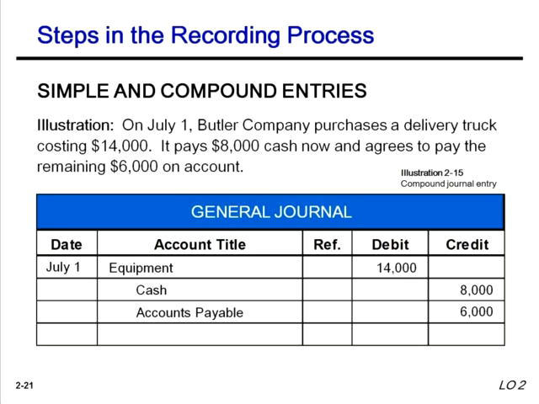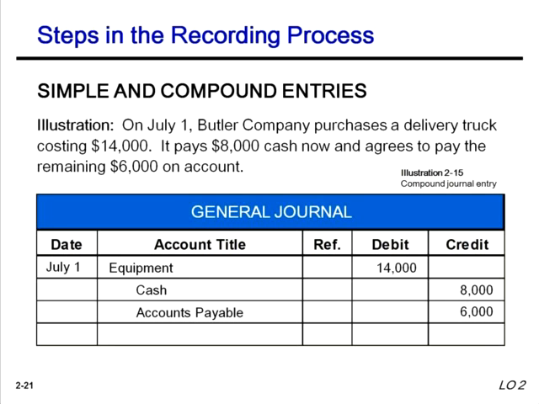It pays $8,000 cash now and agrees to pay the remaining $6,000 on account. Here's a key phrase: agrees to pay the remaining $6,000 on account. We know that they owe the $6,000, and when we see on account, that tells us accounts payable.